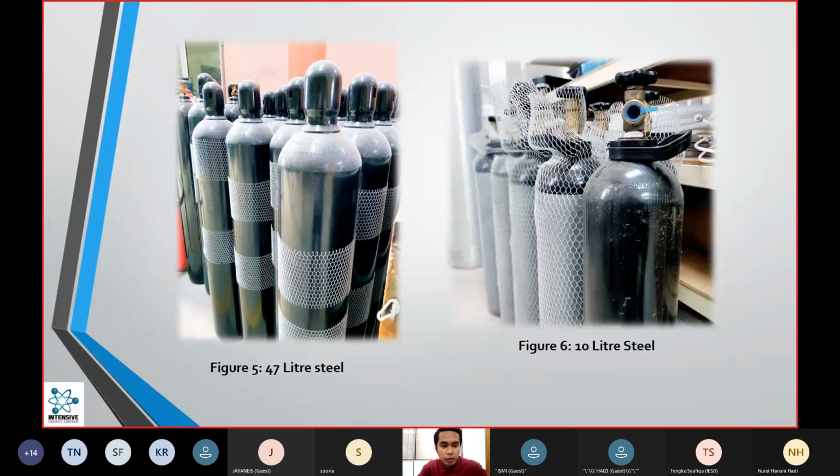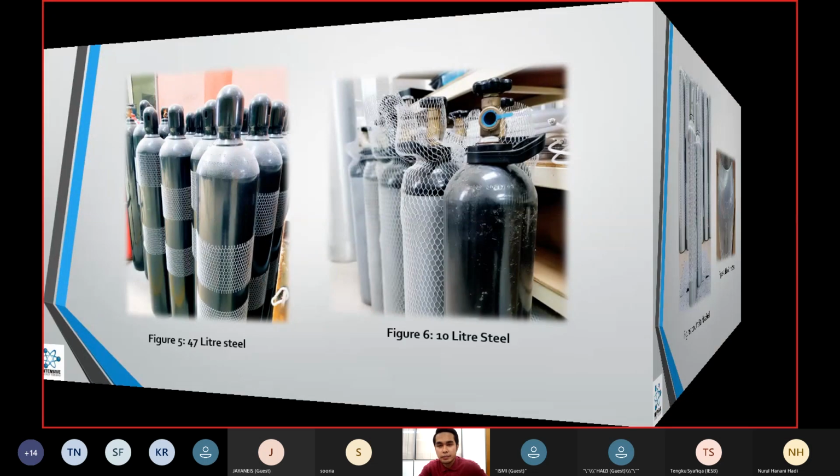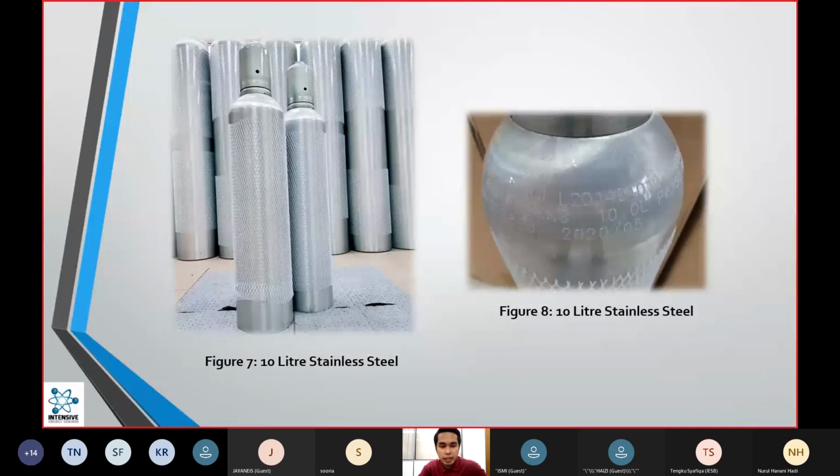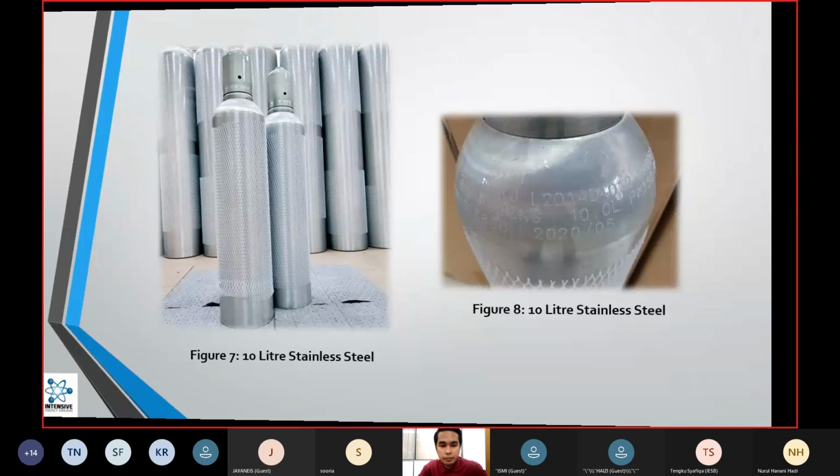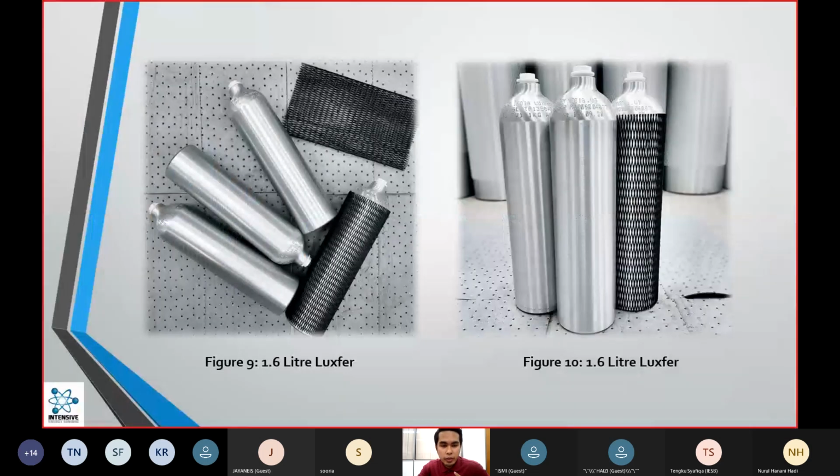Okay, so this is the 47 liter steel, and figure 6 is 10 liter steel. And this one is 10 liter stainless steel. And this one is the smallest one.